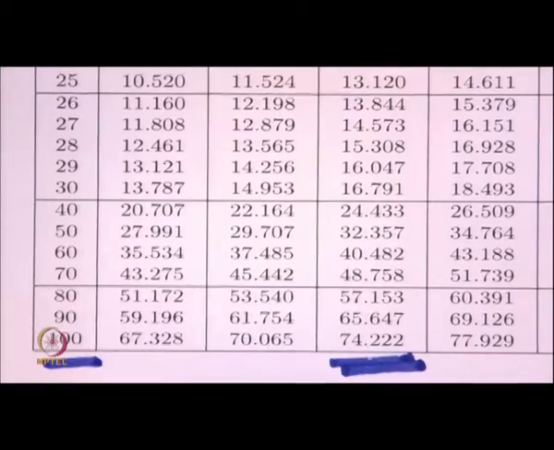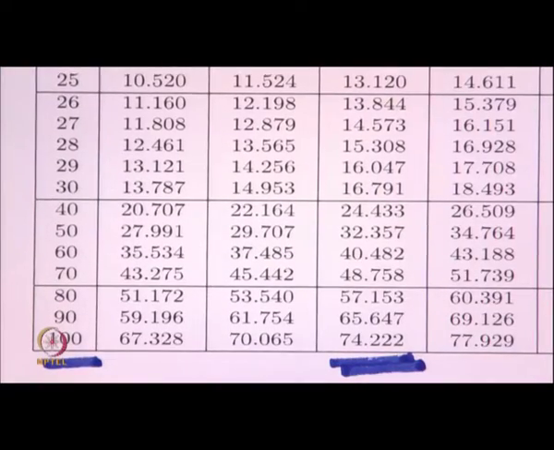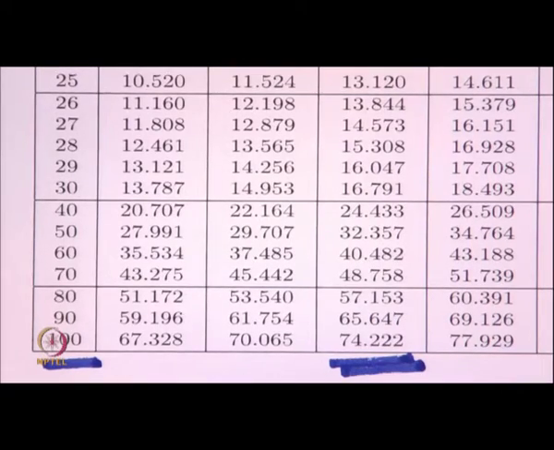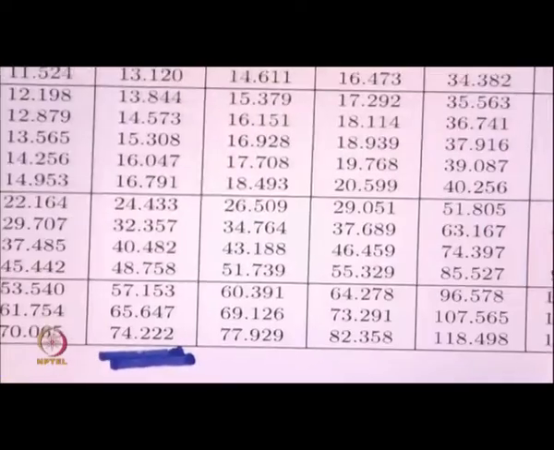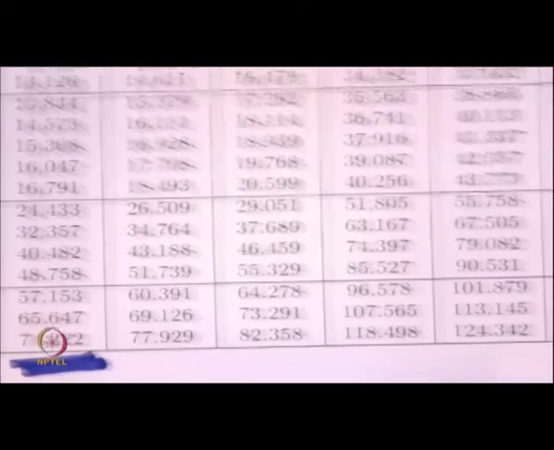That means, a chi-square with 100 degrees of freedom will take a value greater than or equal to 74.22 with probability 0.975, or in 97.5 cases out of 100.